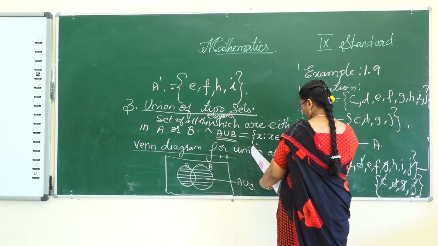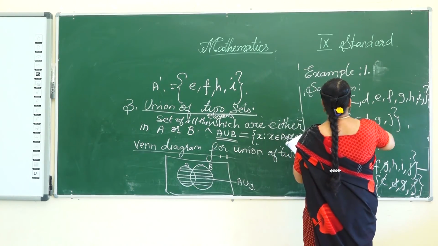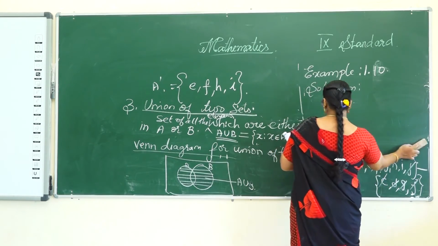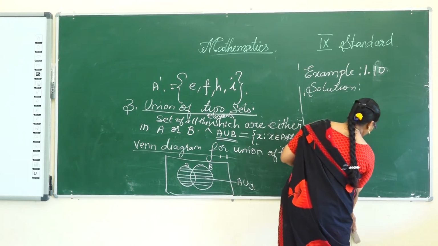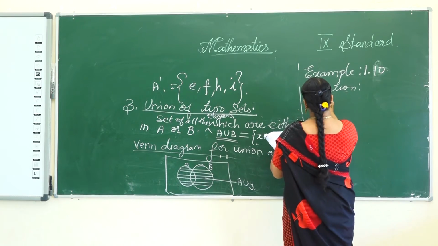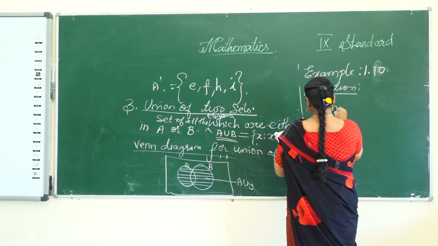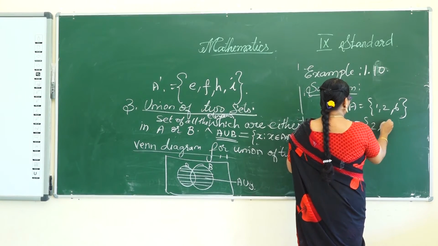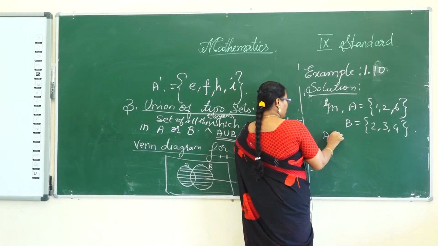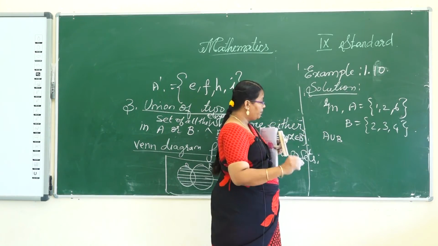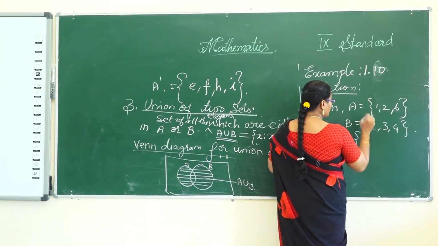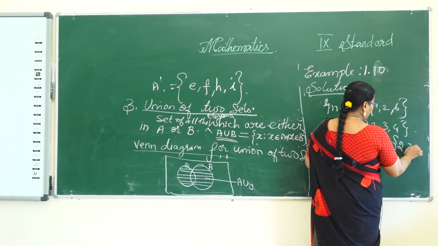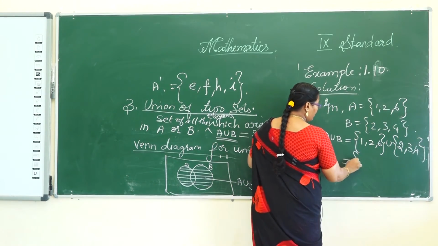Example 1.10. First one: given A is equal to 1, 2, 6 and B is equal to 2, 3, 4, find A union B. A union B is the set of all the elements in set A, 1, 2, 6, union the set of all the elements 2, 3, 4 in B. Now join all the elements.